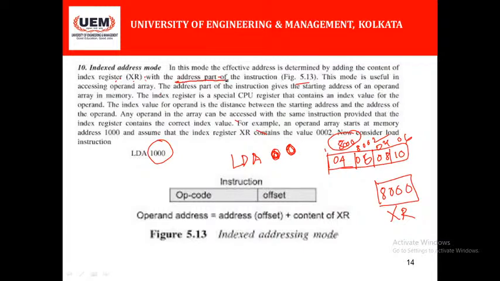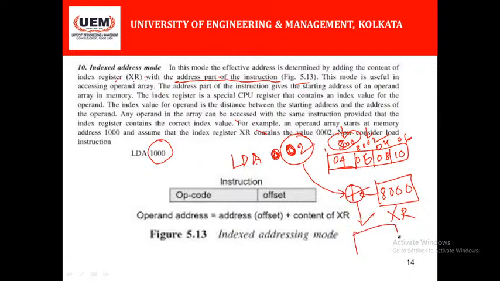So the offset part should be defined inside the instruction. So what is the offset? The difference between the current address and the next address, which is 02 here. So if I write LDA 02, we automatically understand that 02 is the offset. So we are adding the offset and the value of the index register.